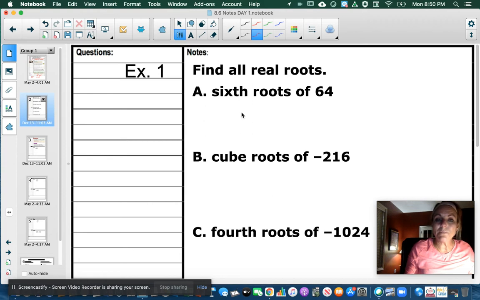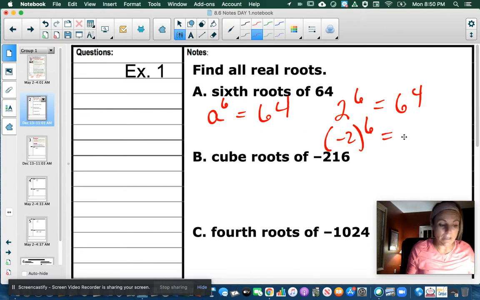So we're basically asking what number to the 6th power is equal to 64. Well, I know that 2 to the 6 equals 64. And I also know that -2 to the 6 equals 64. So the real roots are 2 and -2.